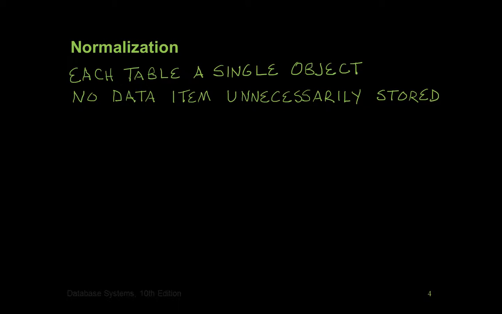We're not going to store any data unnecessarily. Again, where we repeat the storage of the same data in different tables, we are more than likely to generate errors. So in the normalization process, we're going to eliminate that unnecessary storage.